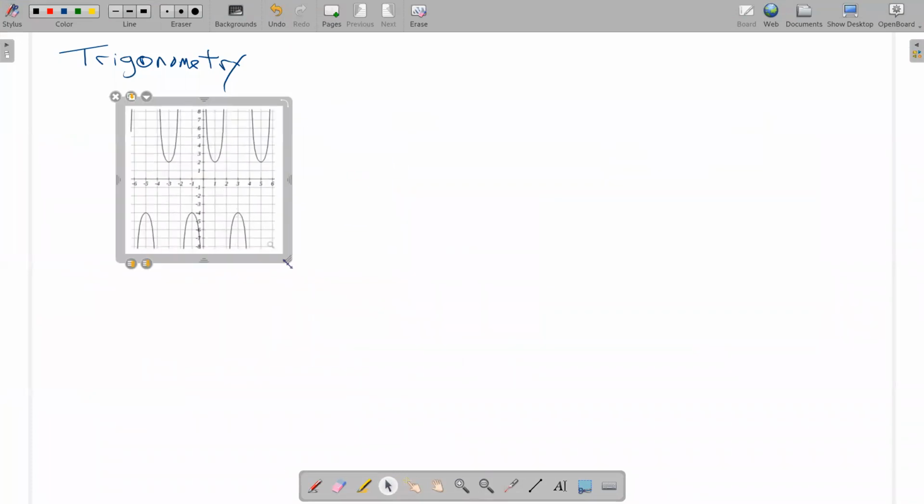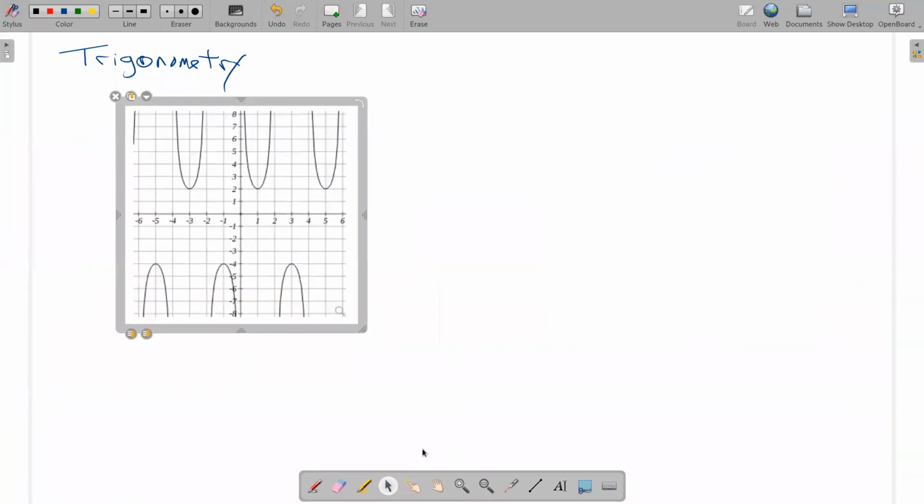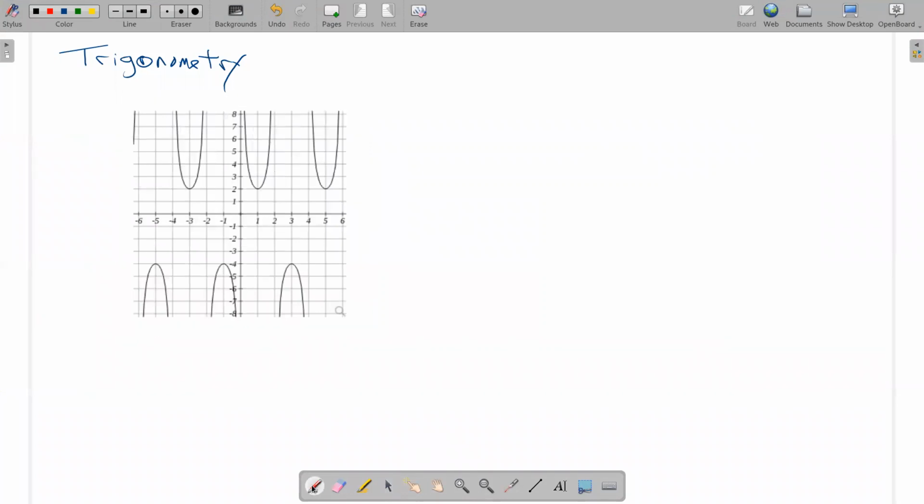Okay, and this is number 6 from homework 6.2. So again, I believe that this is going to be a cosecant.